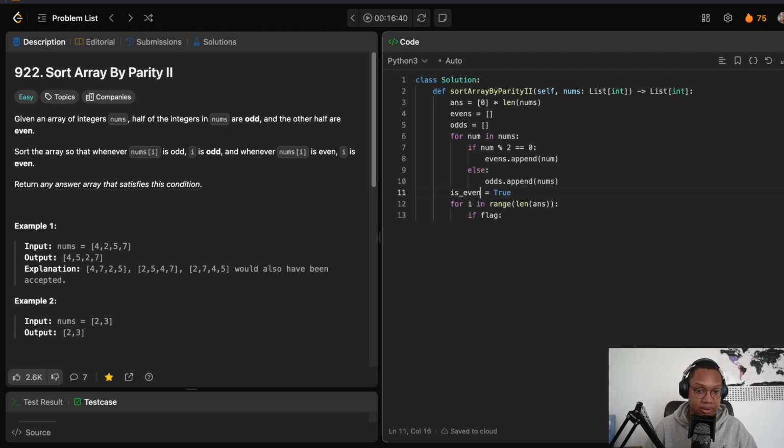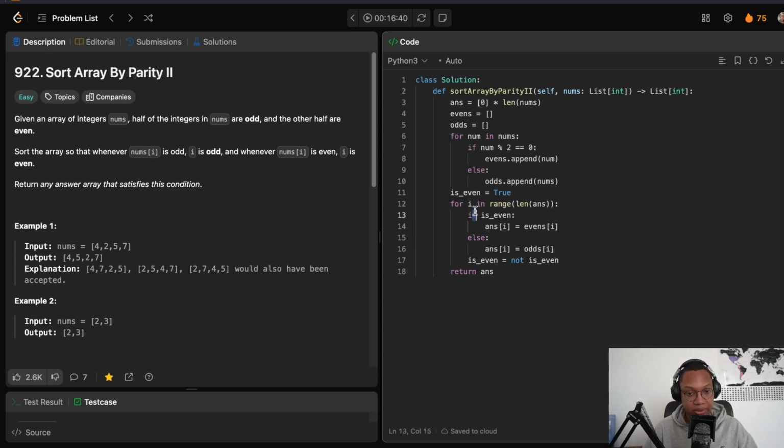I think we start with even. So something like this. Only thing is, do I divide by 2?